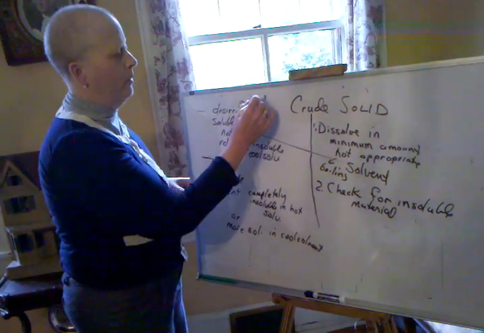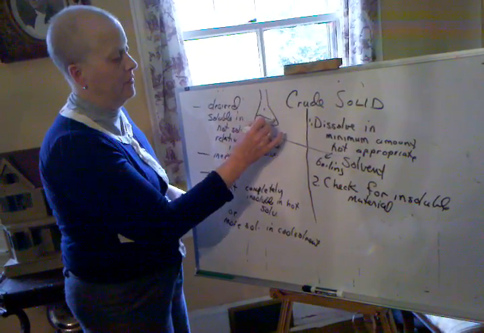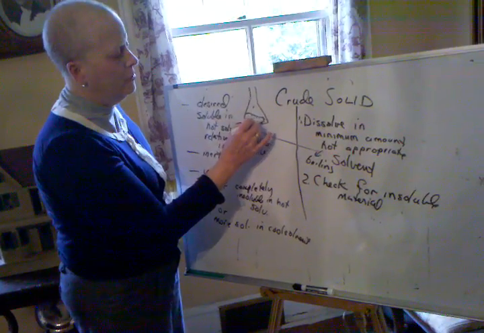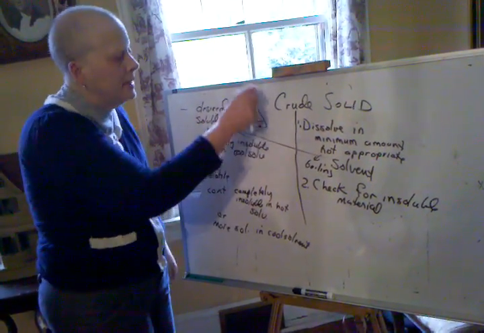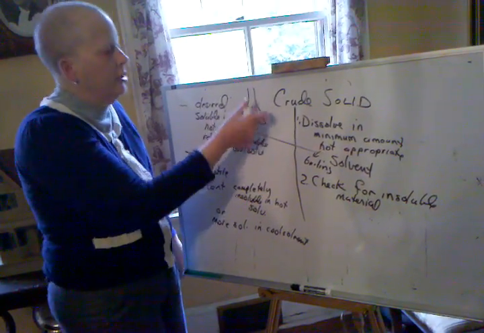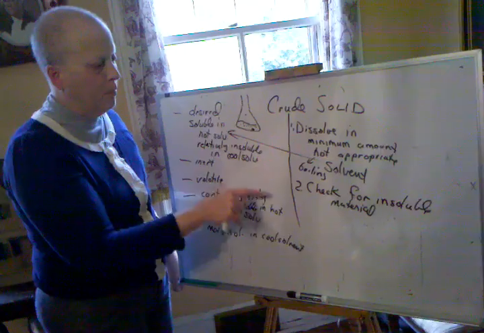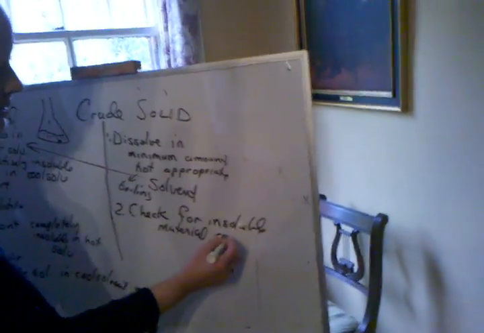You get to a point where you've got your solution, and by the way, we're using an Erlenmeyer for this, okay? You've got a boiling stone in there. Okay, you're adding solvent, and you get to a point where you notice there is particulate matter that just won't go into solution. You've added another milliliter, it's not changing. Another milliliter, you're boiling it, it's not changing. If you get to that point, that means you have insoluble material or insoluble contaminants.